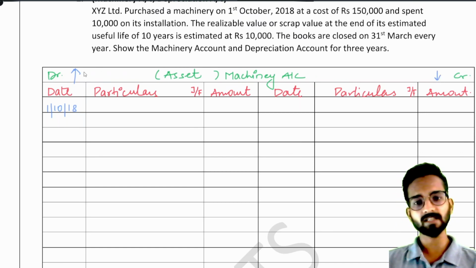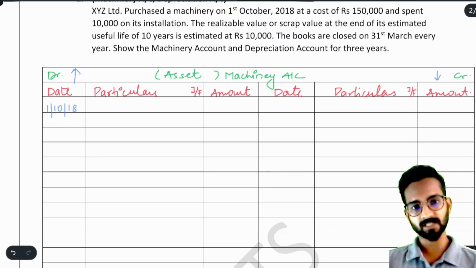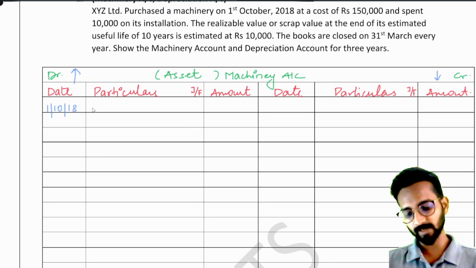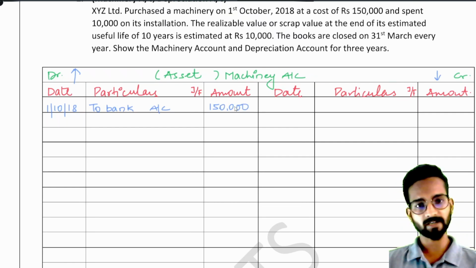So you can just make these arrows so that it will be very easy for you to pass the journal entries. Now, when you are purchasing the machinery, the balance will increase. So you will write on the debit side 'to bank account', amount is 1,50,000, because we have purchased machinery, so it increases.